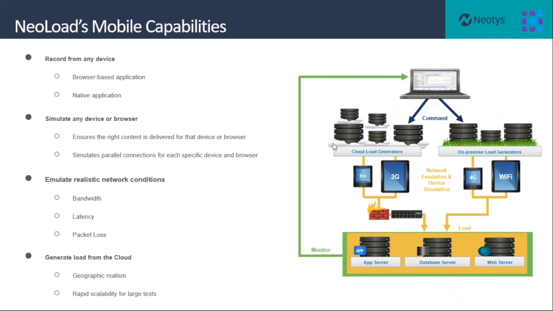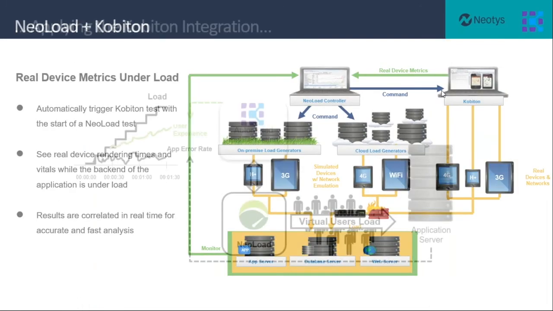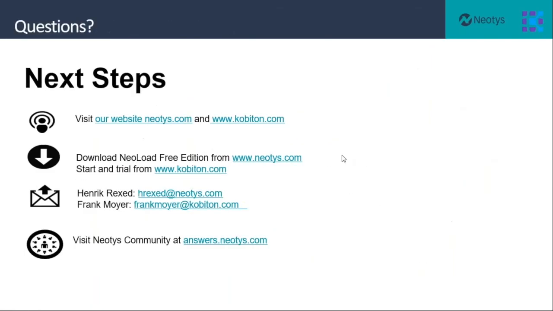Yeah, I think just to add on to that, you can look at the timing. If you run your tests from a device connected to Kobiton from Argentina, and you run the same test simultaneously from a device in San Francisco, you'll be able to look at the time difference.